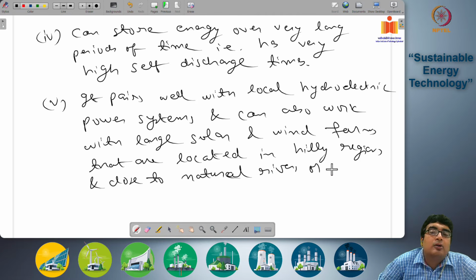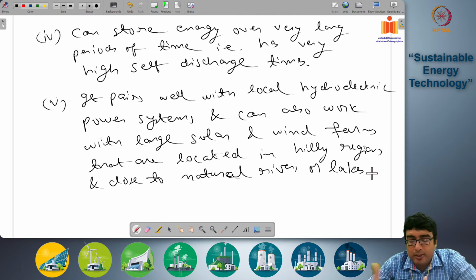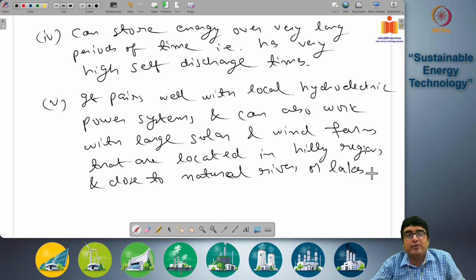rivers or lakes. Okay. Now, as we discussed during the wind turbine systems, wind farms can usually be placed in high altitude hilly regions, and in hilly regions you will also find natural lakes and rivers. Okay, so it pairs relatively well with wind farms and even solar energy, where you have local hills, local changes in altitude, where you can create your artificial reservoir at a high altitude position.